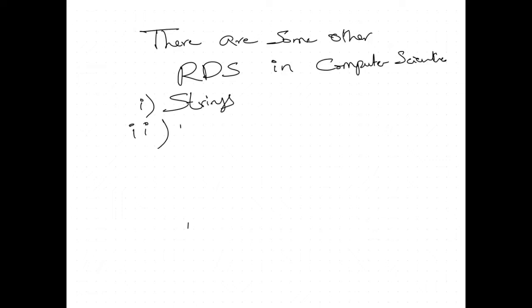Second one, well formed formulae. So these two are also recursively defined structures. So now why are we dealing with recursively defined structures? Why are we discussing recursively defined structures in the case of structural induction?